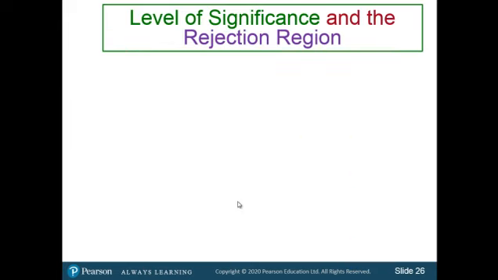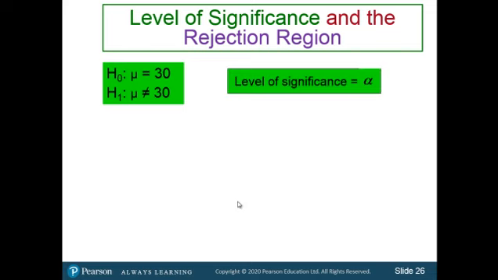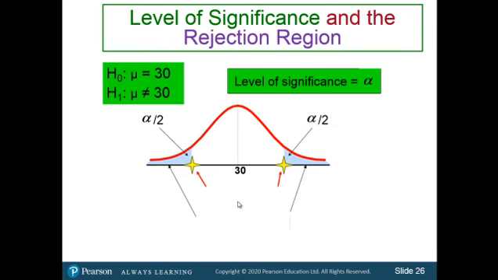Level of significance and the rejection region. Let's say we have the null hypothesis and alternate hypothesis written as mu equal to 30 and mu not equal to 30, and we use level of significance alpha. Based on this information, we can draw a normal distribution diagram, where the center of the distribution is equal to 30, and we have two rejection areas.